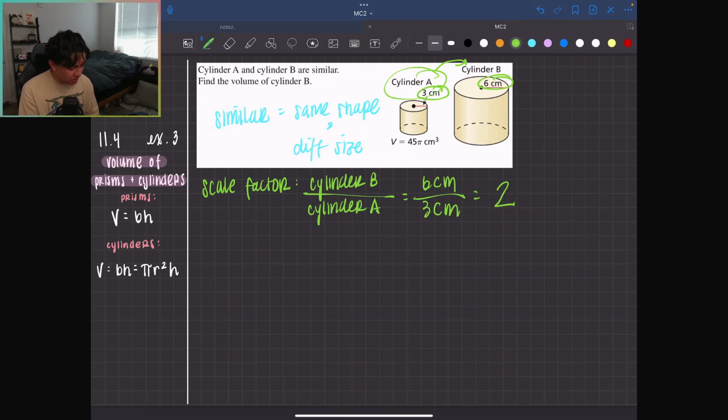And lastly, what we need to do is find out how we can compare that with the volume. We don't know what the volume of cylinder B is, but we can find it just by knowing what the scale factor is.